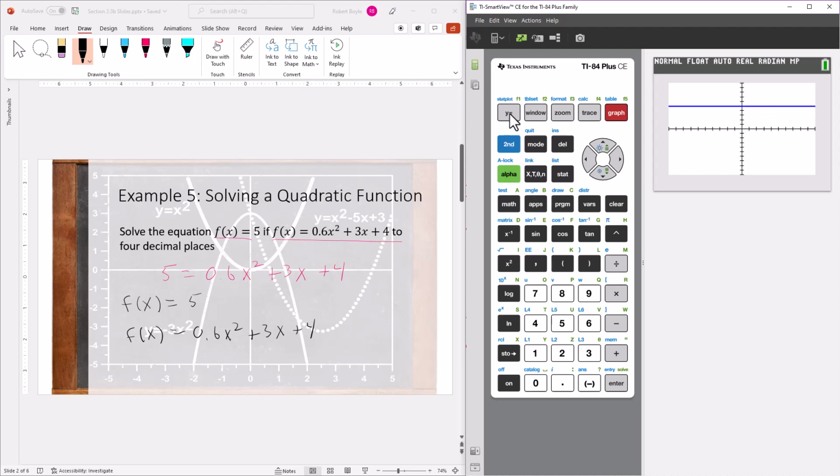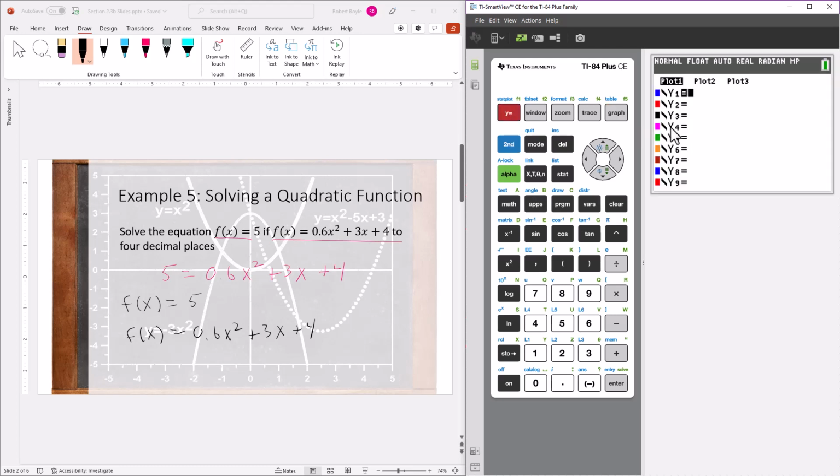Okay, so let's come back over to y equals. And then in the second equation, y2, and the way I can get there is by using my cursor. I want to type in this equation right here. And how would I do that? Well, I want to have this on the other side of the y. I can do it as follows, 0.6. Now, this is my variable. This is the button that I want to use for x.